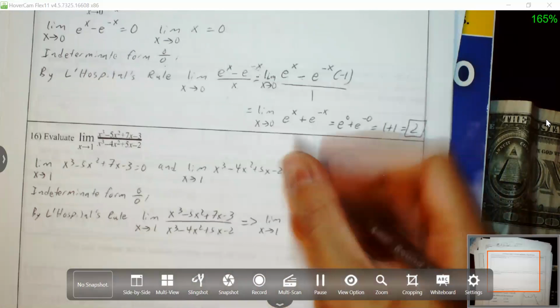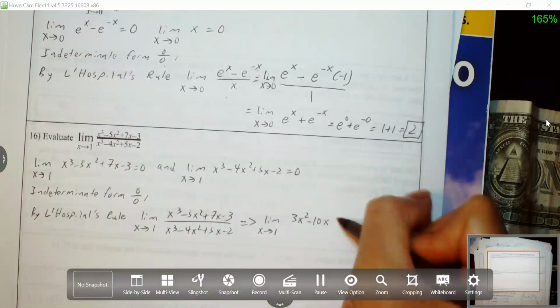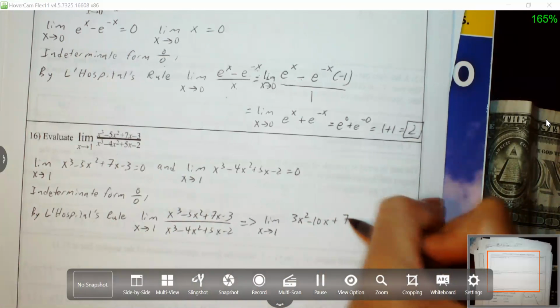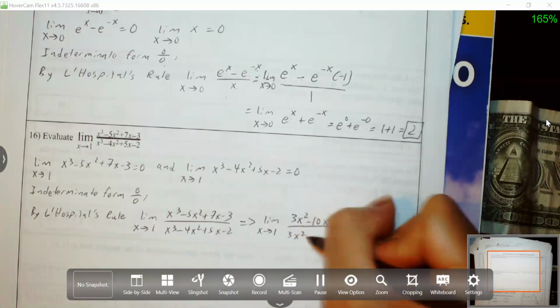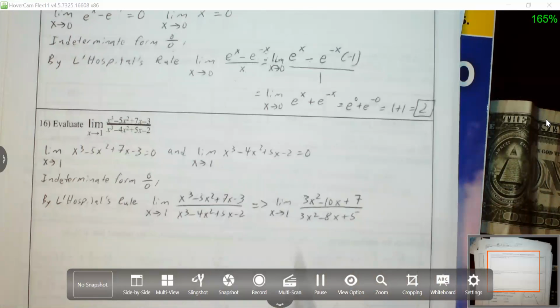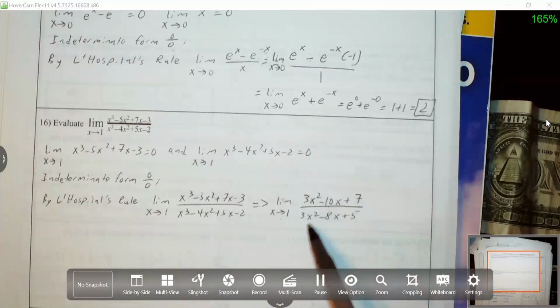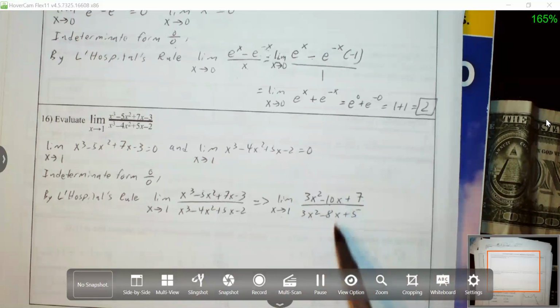So the derivative of the top is 3x squared minus 10x plus 7 all over 3x squared minus 8x plus 5. Okay, let's do a quick check to see if we're done. 3 times 1 is 3. 3 minus 10 is -7. -7 plus 7 is 0. Okay, so we have 0 on the top. If I plug 1 on the bottom, that's 3 minus 8 is -5. -5 plus 5 is 0. So once again, I have 0 over 0.